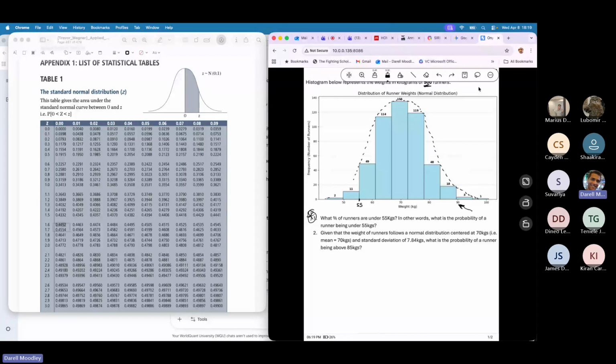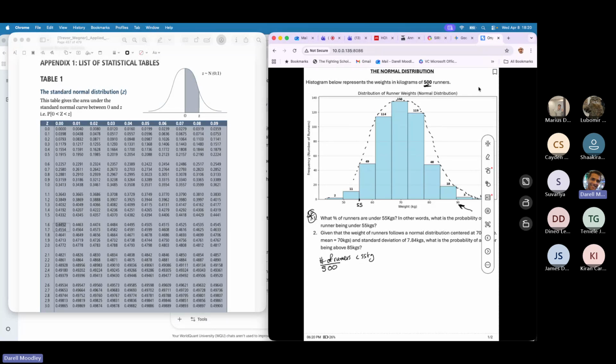Remember, you have 500 runners in total. If we want to look at the percentages, it's the number of runners that are under 55 kgs divided by 500 as a percent.